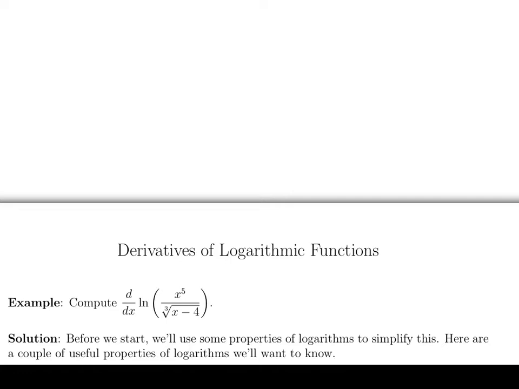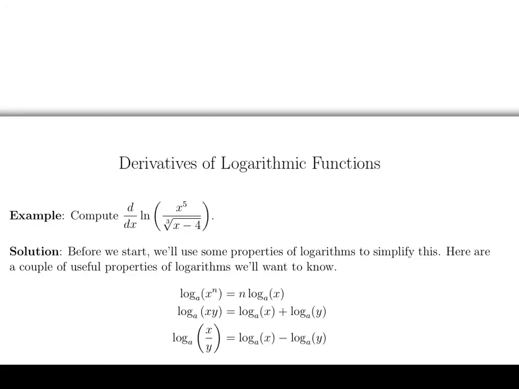And so I'd like to review some useful properties of logarithms. These are all properties that you really should know and probably have seen before. Alright, so here are a few properties that are useful for logarithms. If you have a power on the inside of a logarithm like this, you can bring that power out in front.